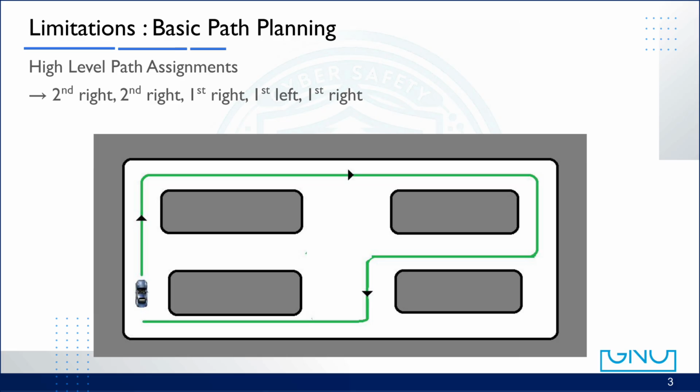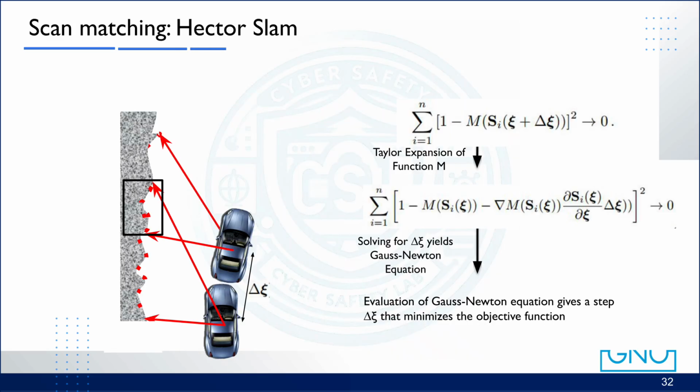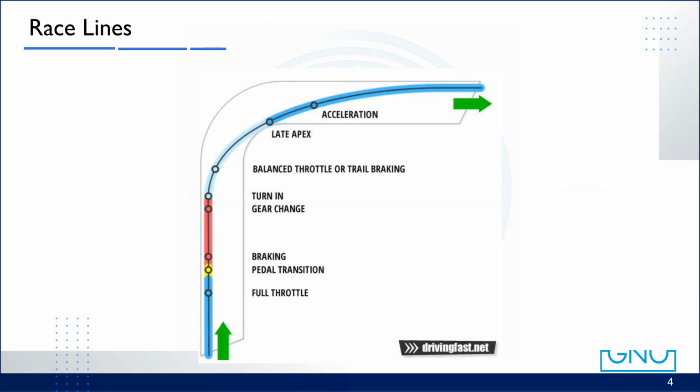And this limitation becomes even more critical once we transition from basic navigation to racing scenarios. As we begin to think about competitive racing, the limitations of basic path planning become much more obvious. In racing, it is not enough to simply follow a sequence of left and right turns. Instead, the car must follow race lines, the most efficient path through a corner that allows the highest possible speed.